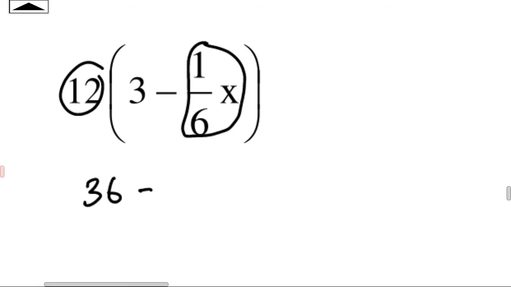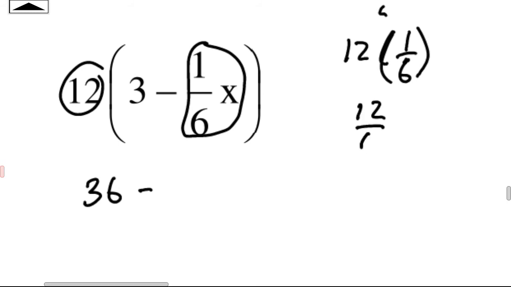So essentially, 12 times a 1/6. Remember, multiplying fractions, multiply the top, so 12 all over 6, which reduces to, how many times does 6 go into 12? Twice. So 12 over 6 is 2, but we can't forget this guy. And that's it.